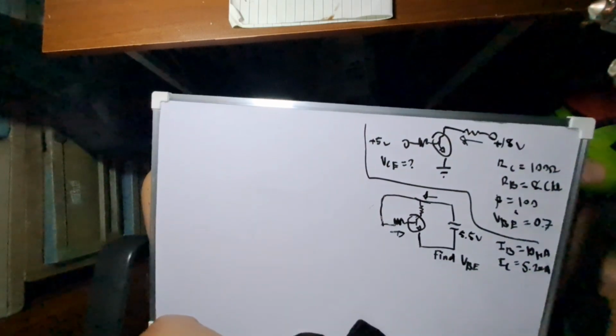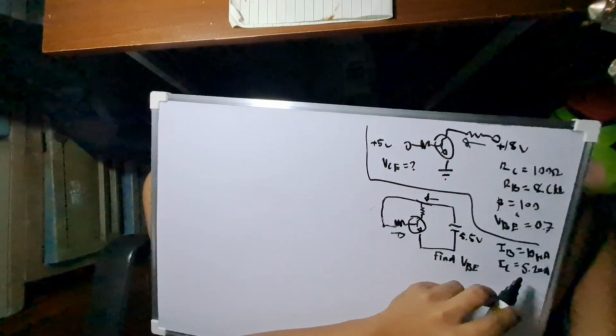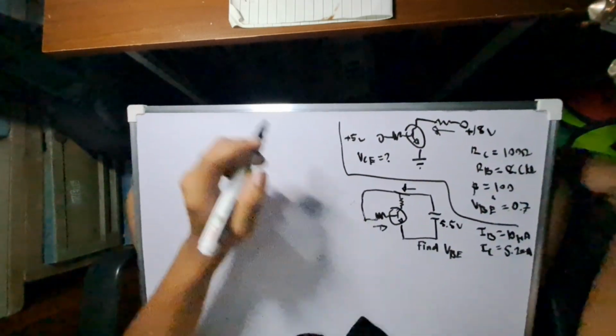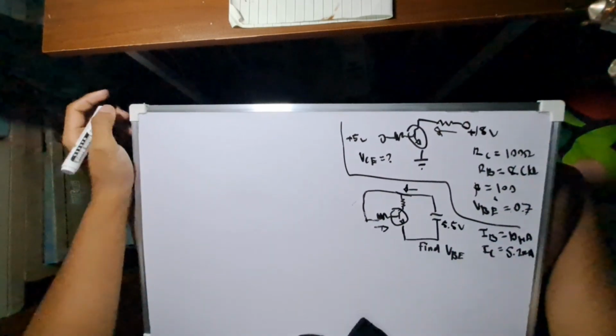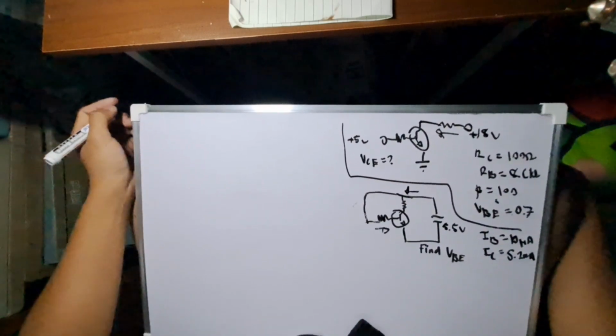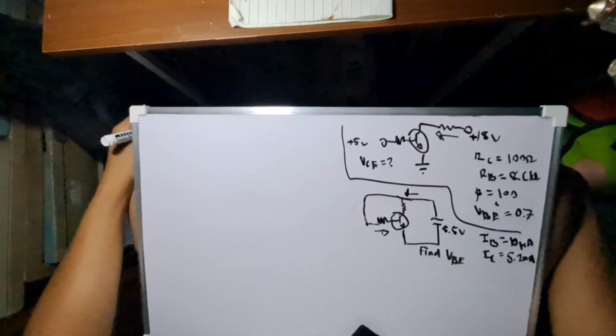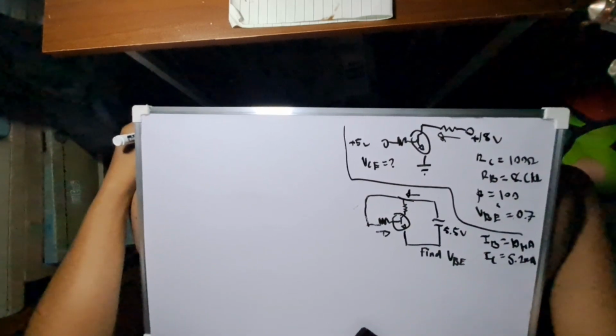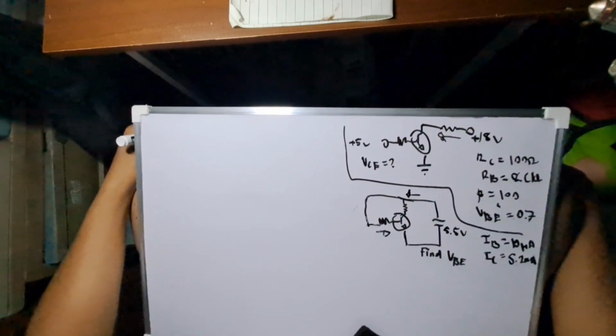IC mo is equal to 5.2 milliamperes given sa problem, and IB mo is 10 microamperes. Our VCC is equal to 5.5. Find VBE. So from the earlier, VBE natin is always given since it's an active component. So in this problem, we don't know if it's an active or a passive.